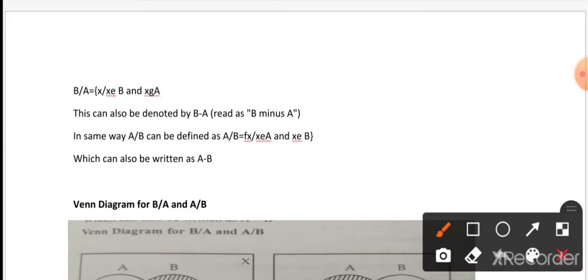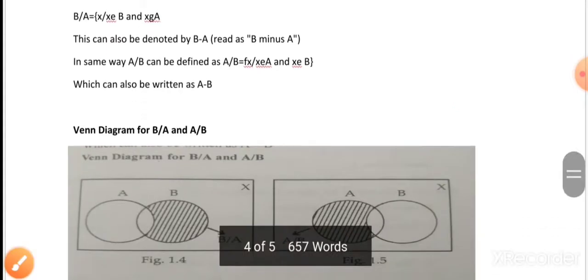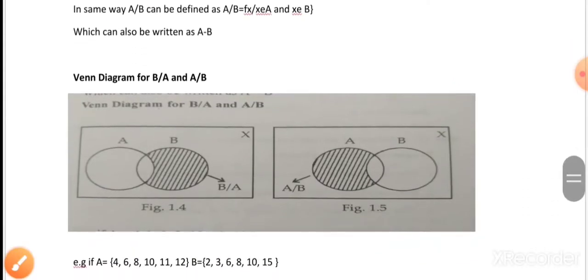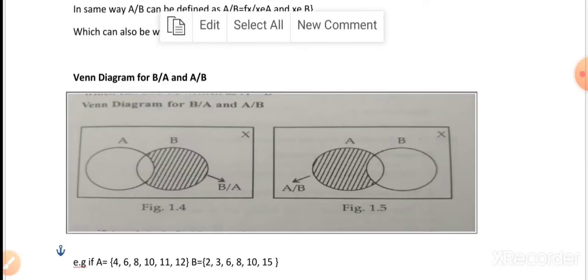Here the given relations are shown on the Venn diagram. Observe the Venn diagram for B upon A and A upon B. Here the shaded region is B by A, and here A by B, A is this and this is B complement.